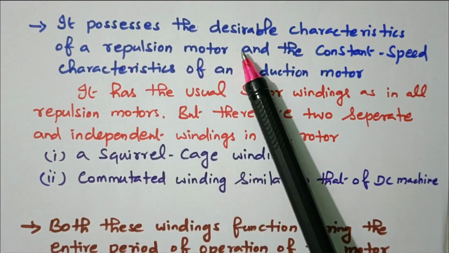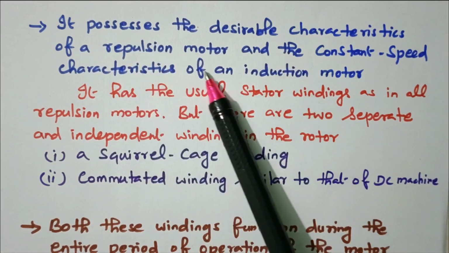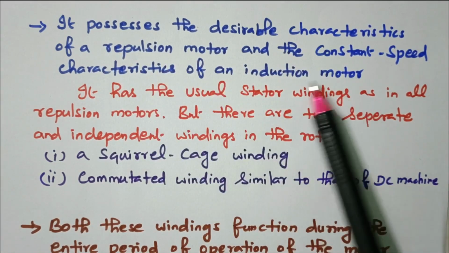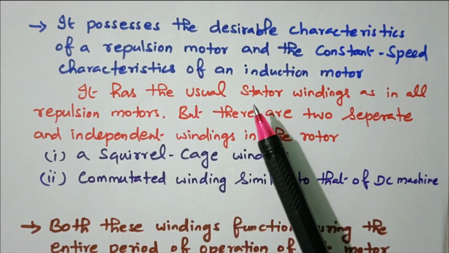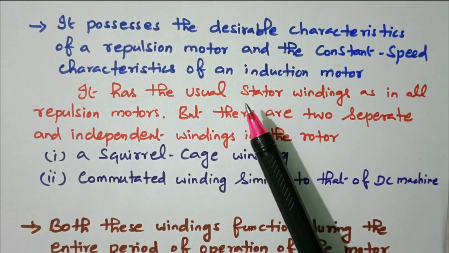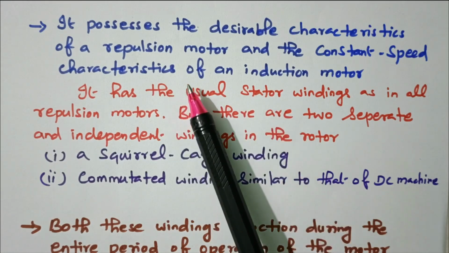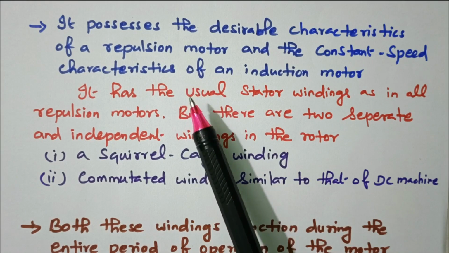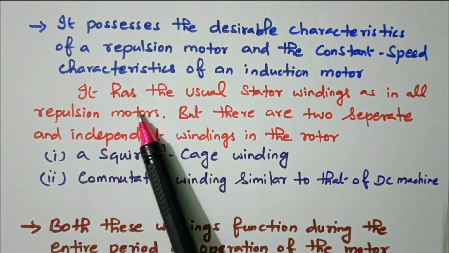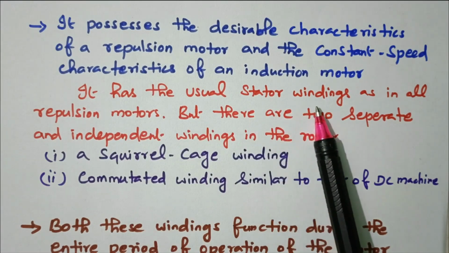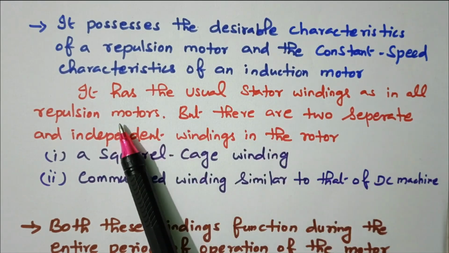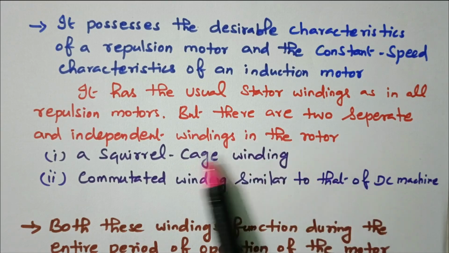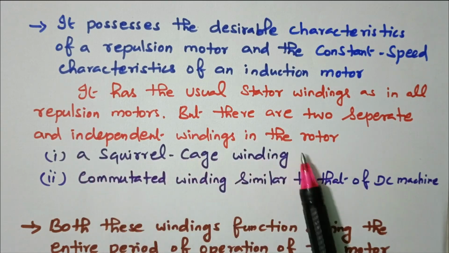It possesses the desirable characteristics of a repulsion motor and the constant speed characteristics of an induction motor. It has the usual stator winding as in all repulsion motors, but there are two separate and independent windings in the rotor.